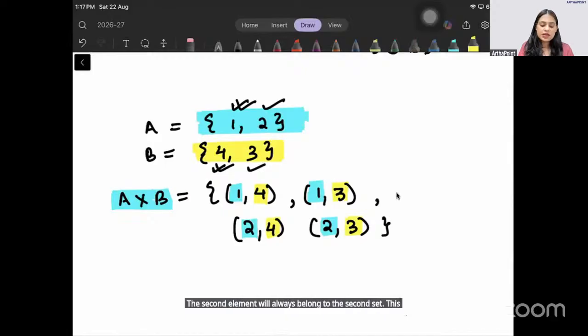This is called as Cartesian set. ठीक है? Also called as Cartesian product.